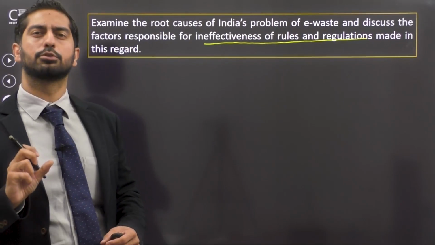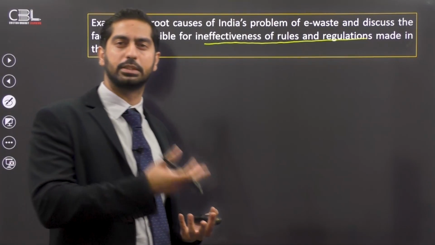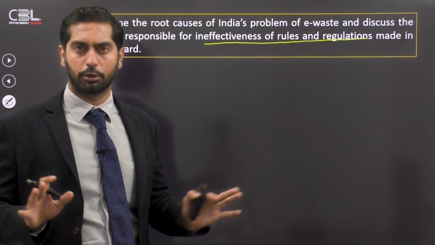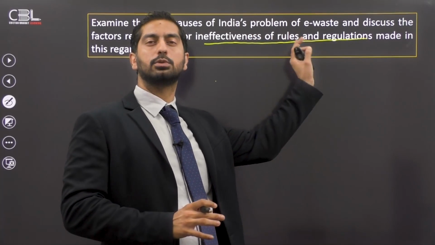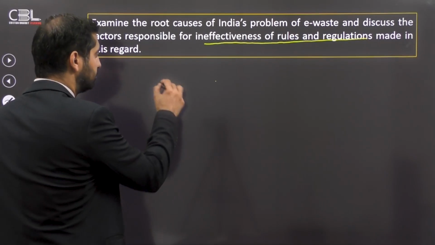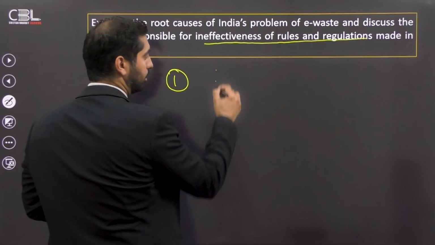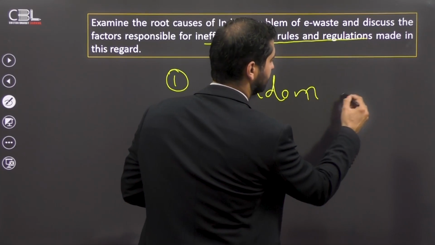There was supposed to be random checks, and there is no record of those checks, or what has been done, what action has been taken, nothing of that sort. That's one reason why the rules and regulations have been ineffective. First is random checks and absence of record.